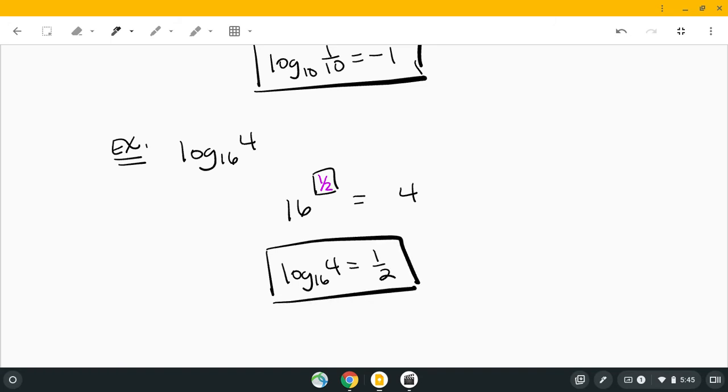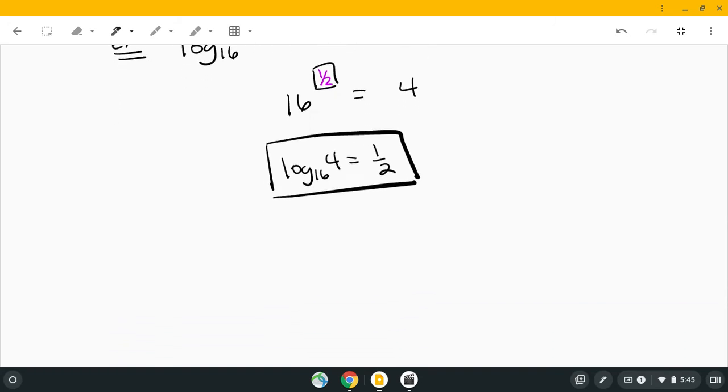All right, so see if you can get these. If you can get these, then you know the properties that we are coming up with next. So go ahead and give these a try.